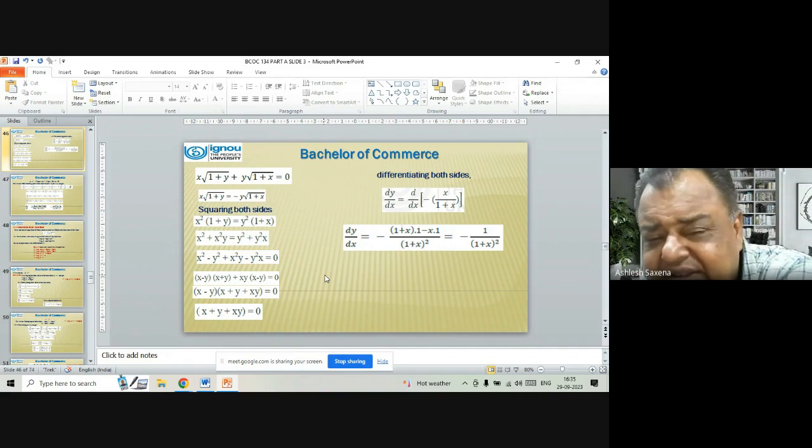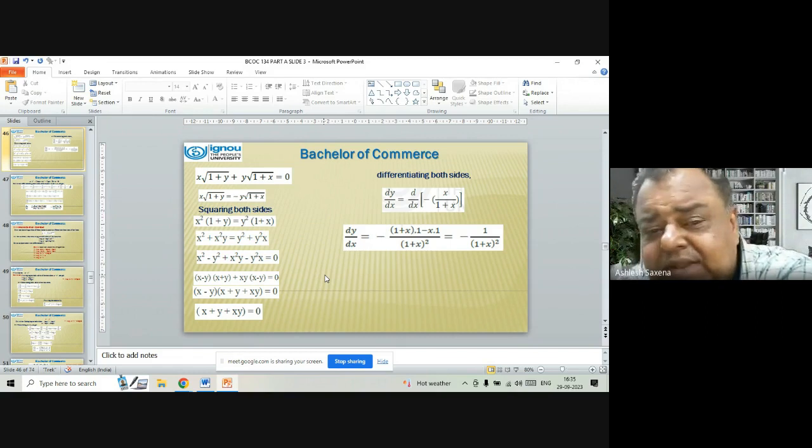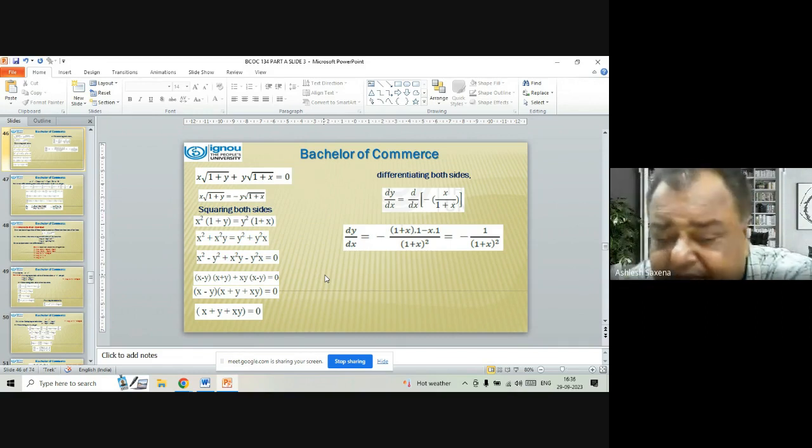While solving this, we will see that this is not a problem related to an implicit function. I will be taking y under root 1 plus x to the right hand side. When I take it to the right hand side, its sign will change.